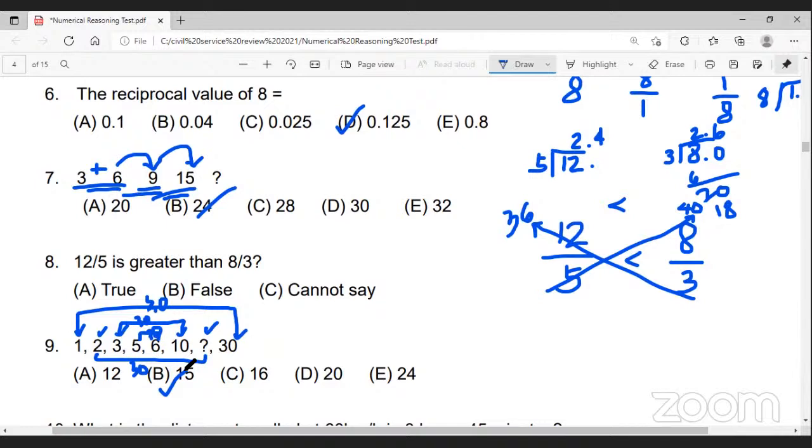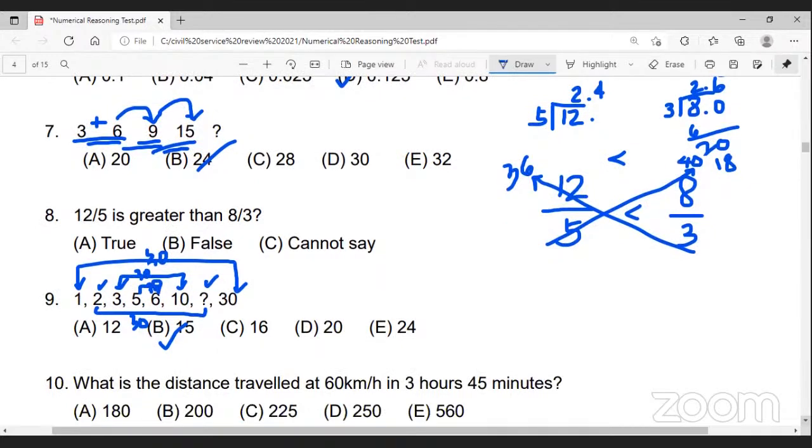We could also have the pattern of pairing the numbers, the first and the last, the second and the second to the last, the third and the third to the last. That's like 1 and 30, 2 and 15, the unknown, because they all have the products of 30 when paired. Okay, shall we move on to the next item?